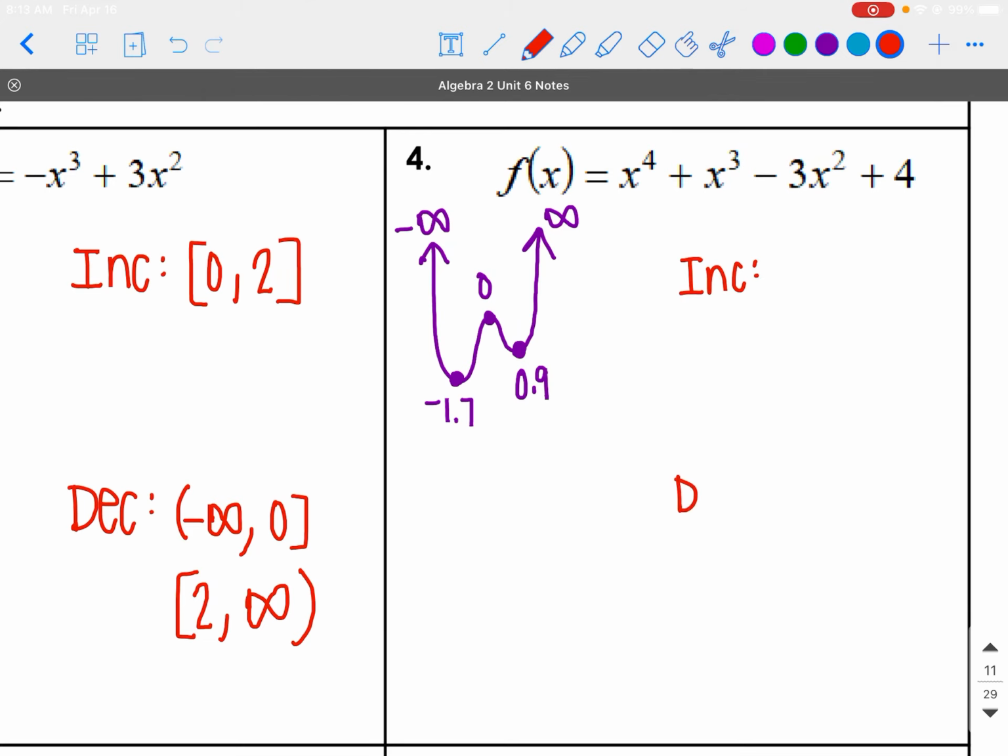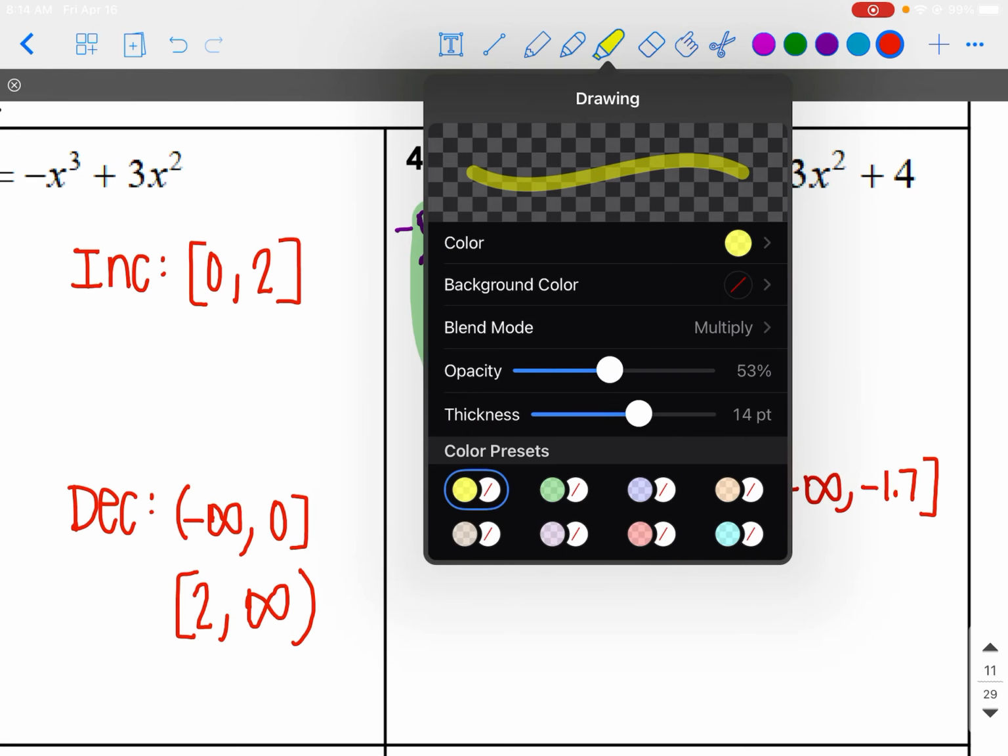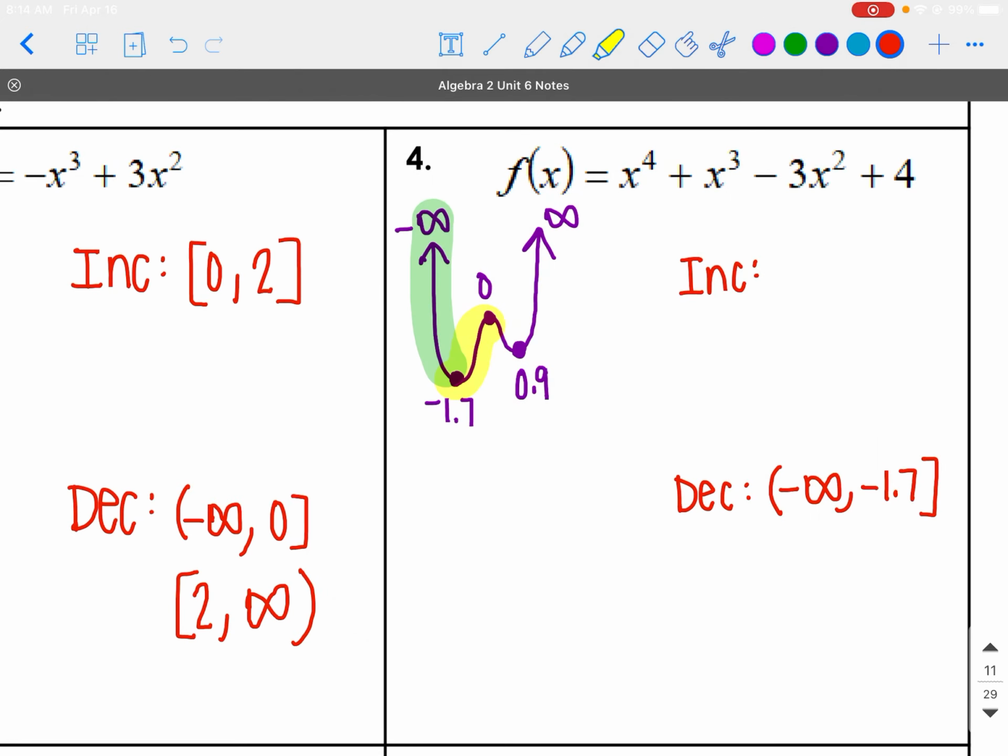I'm going to make a spot for my increasing and decreasing. So we start decreasing here. We go downhill from negative infinity to negative 1.7. Then we start increasing.